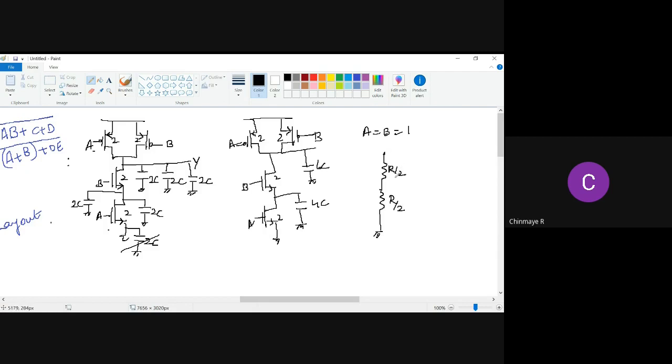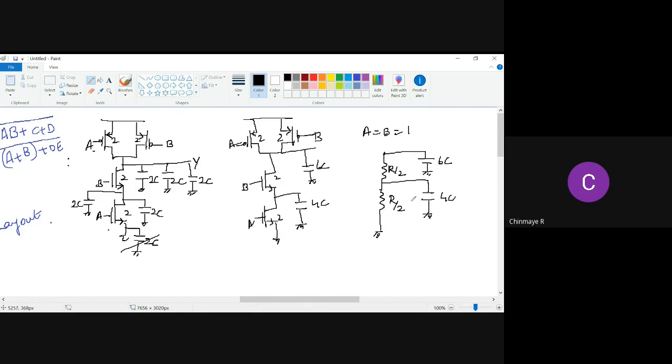So I'll have 4C here and then a 6C here. So the worst case discharge is when this 4C is also charged and this 6C is also charged, and both of them have to discharge to ground. That is the worst case during the discharge time when both A and B are 1.